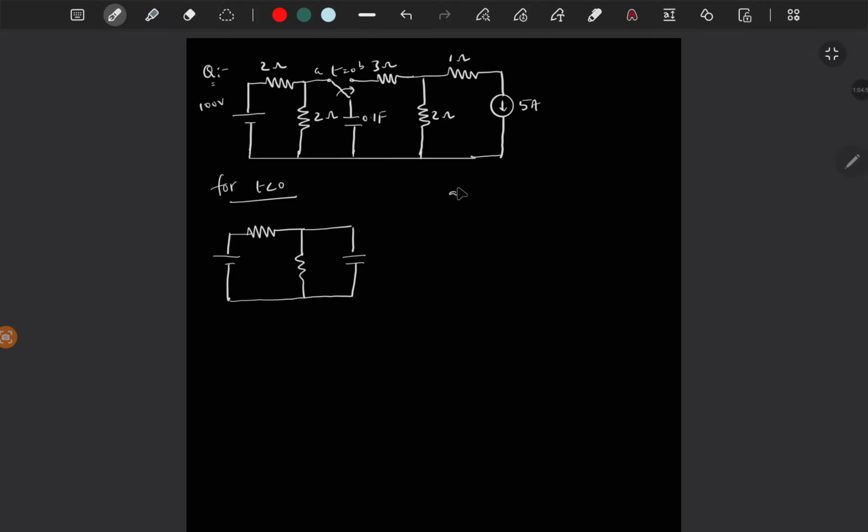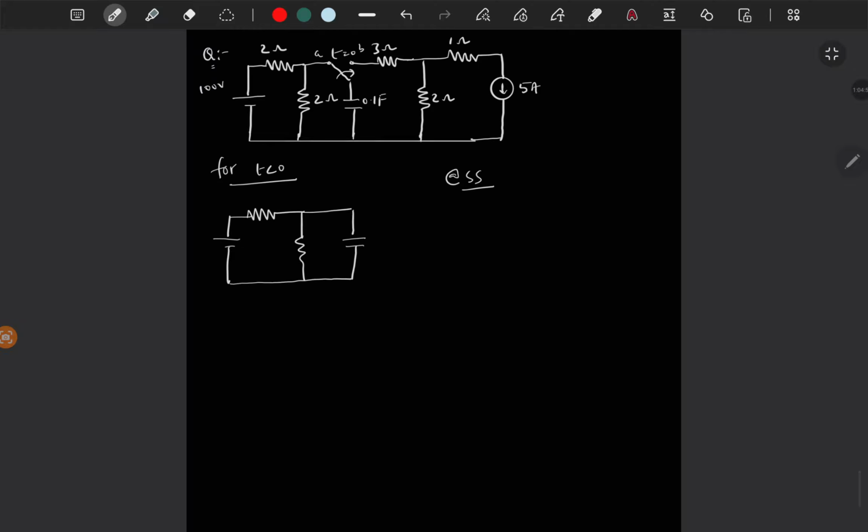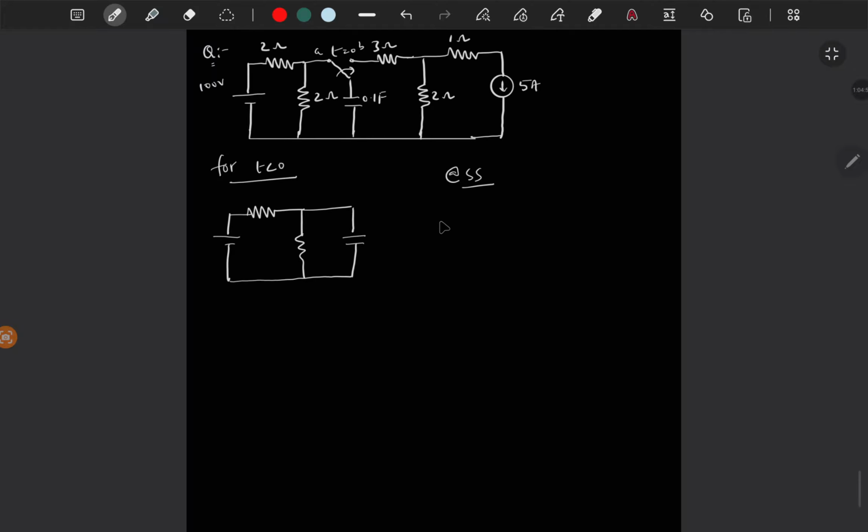At steady state, the capacitor will be open circuited. So you will get 100 volts, 2 ohms, 2 ohms, and the capacitor will be open circuited. So you will get V of infinity as 100 by 2, which is 50 volts.